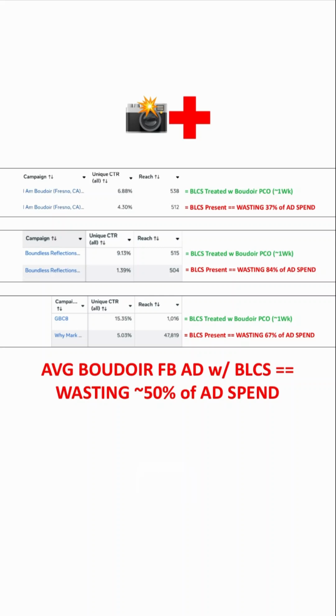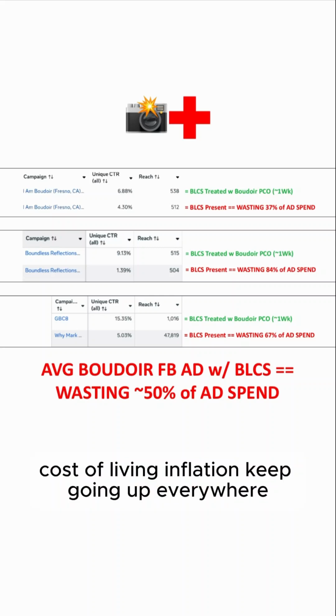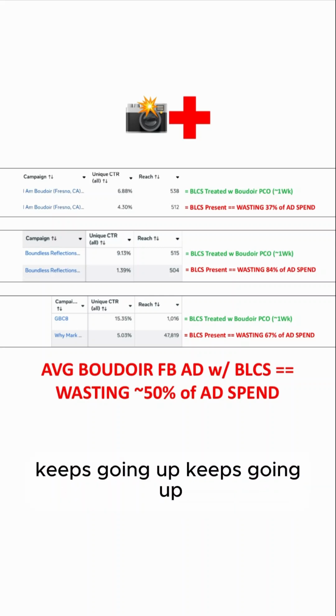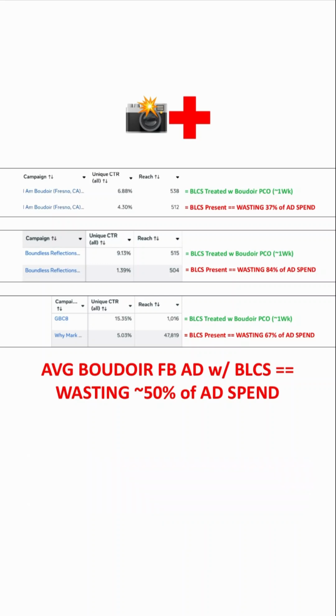So you're seeing that, and you're also seeing cost of living inflation keep going up everywhere, keeps going up, keeps going up. And you've already been optimizing other parts of your business to pull the same input but more output, more money output, less waste.